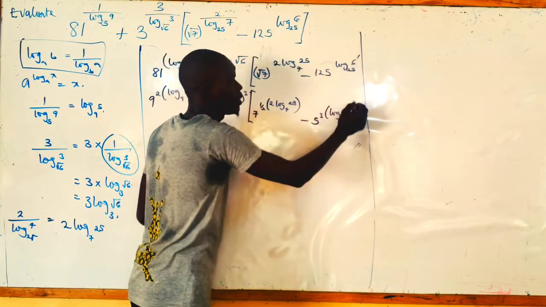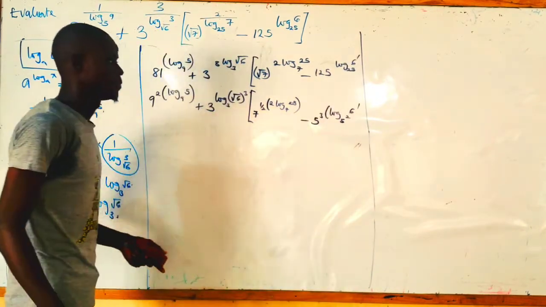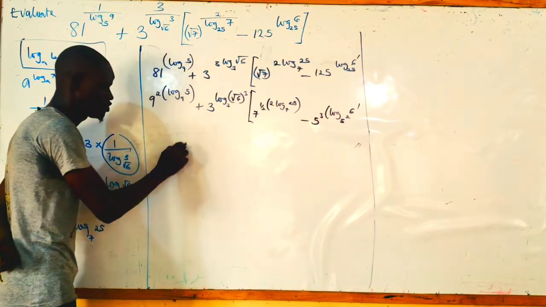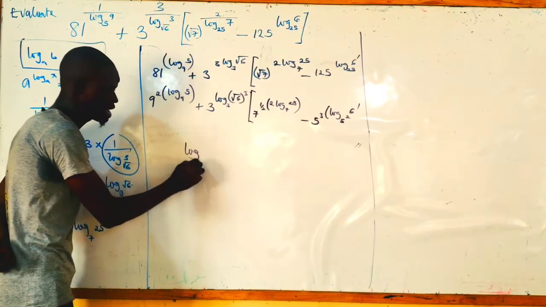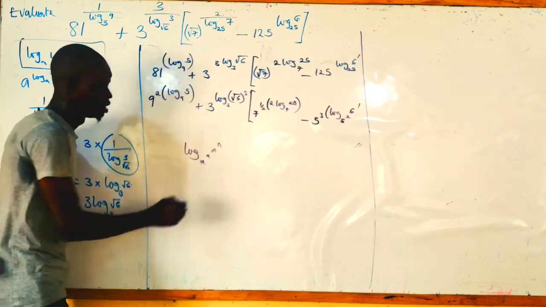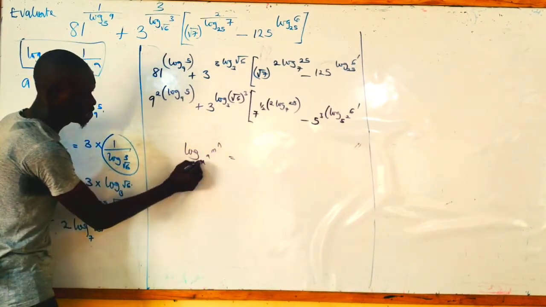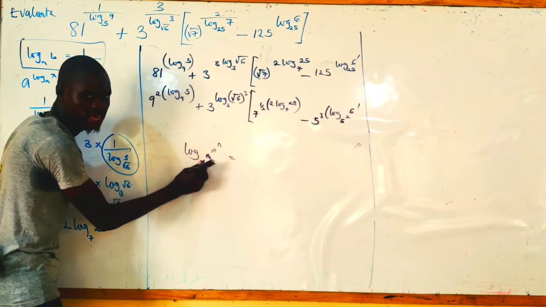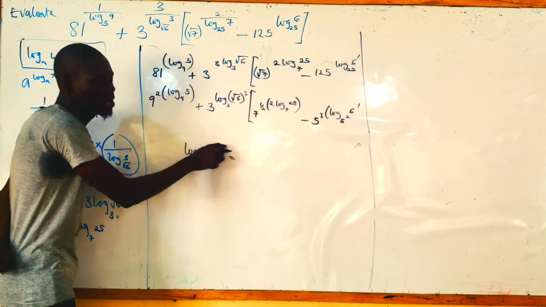But this 6 is having a power of 1. There is a law of logarithm that says that if I have something of this kind, you have log of, let me say, x raised to the power a, raised to the power n. You see, this x here is the base. The base is carrying the power of a. This is the log. It is carrying the power of n.